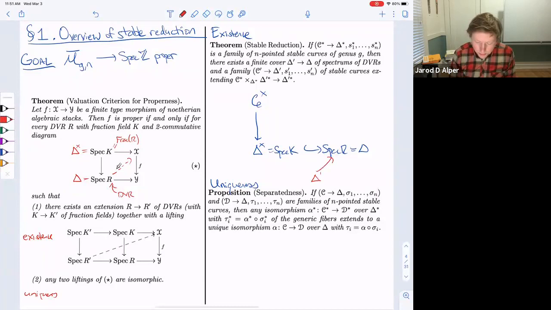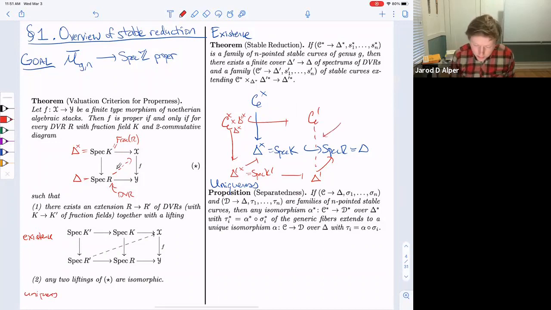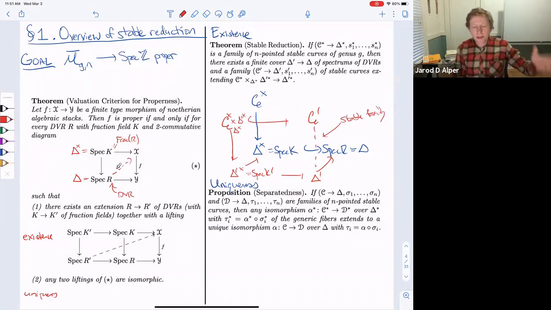So we take delta prime, which is maybe Spec K prime, and you can restrict over delta star to delta prime star. This is what we want to fill in. We want to find a family of curves C prime over here, such that this is a stable family, and such that it restricts to the extension of the original family over K prime.